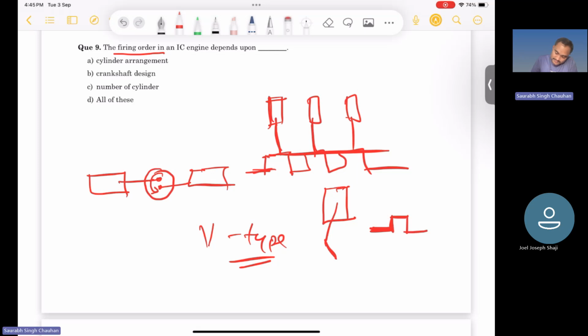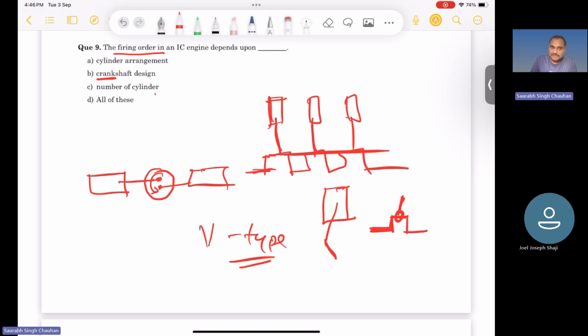From here the cylinder will be connected with the connecting rod. Crank basically means something which is not straight. Crank means ill or sick. But anyway, crankshaft is basically not a straight shaft, so it is called crankshaft. Part C says number of cylinders.